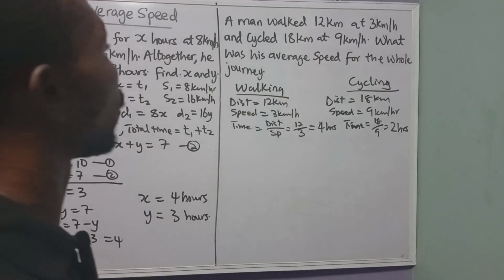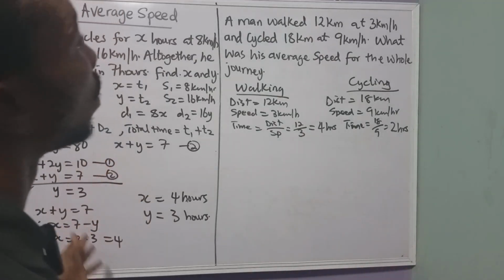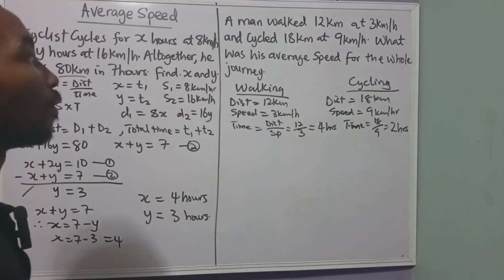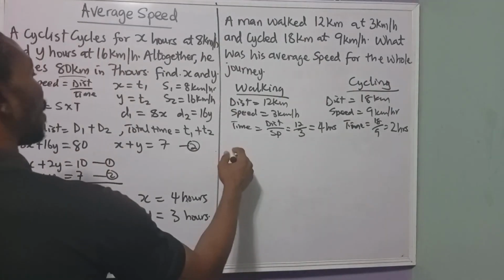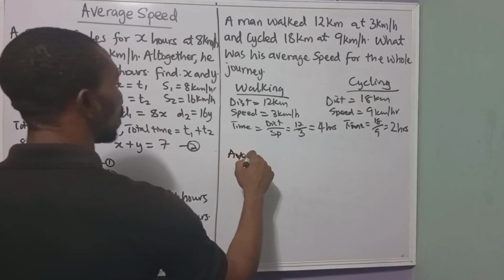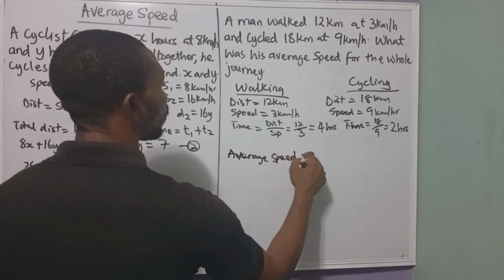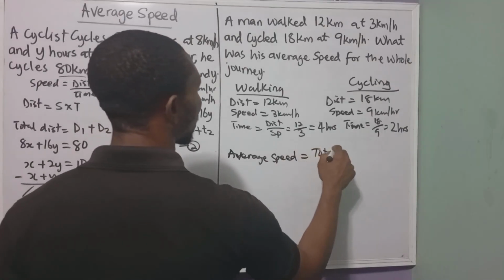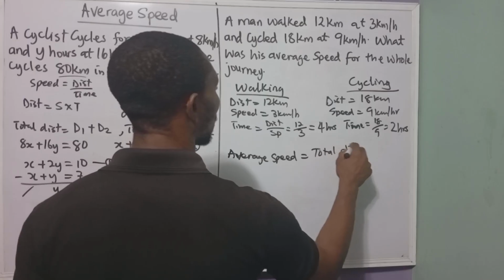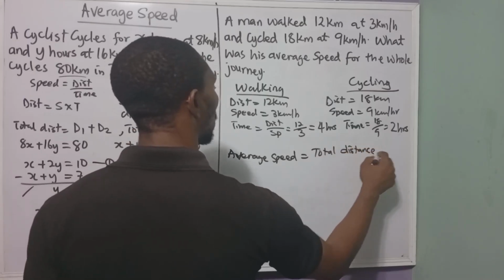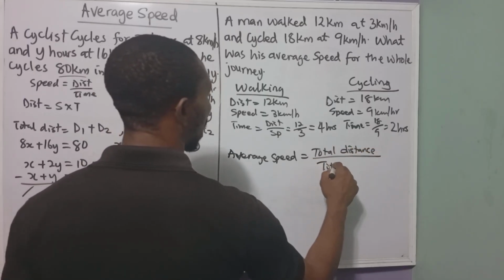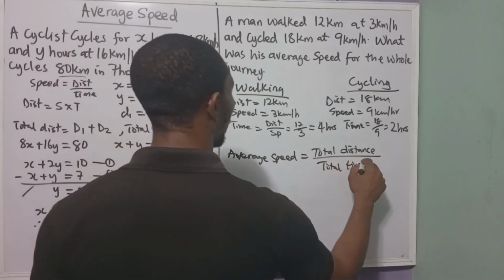Now, we are asked to find the average speed for the whole journey. So our average speed will become total distance over total time.